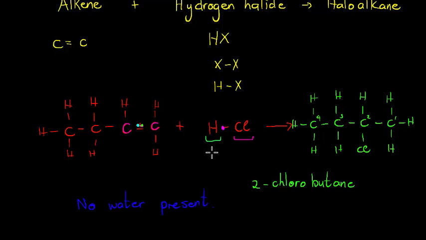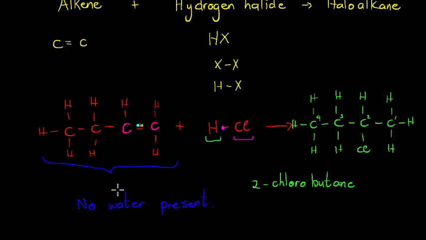The reason why is because when we add alkenes to water, it is much more reactive to the water, so it's much more likely to react with water than with the hydrogen halide, and it will produce an alcohol, which is the next topic we will look at.